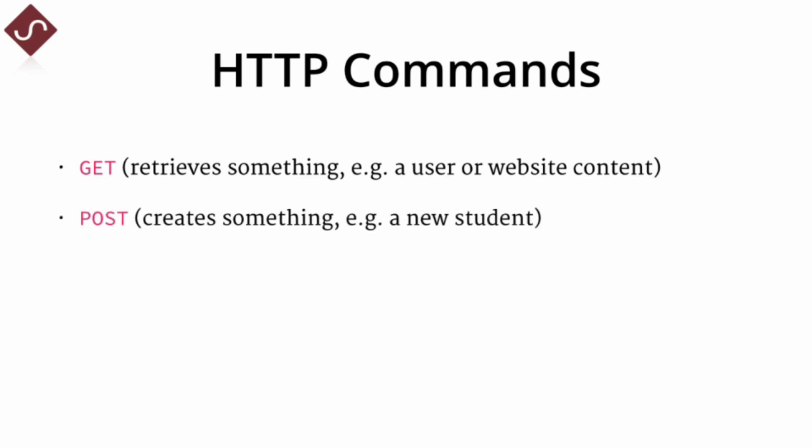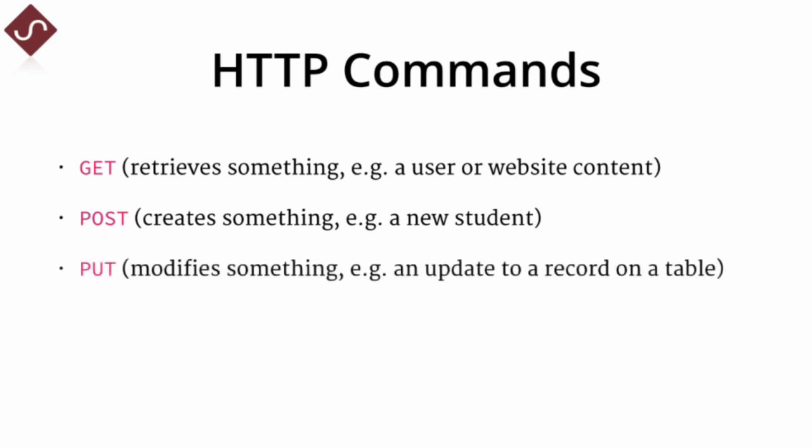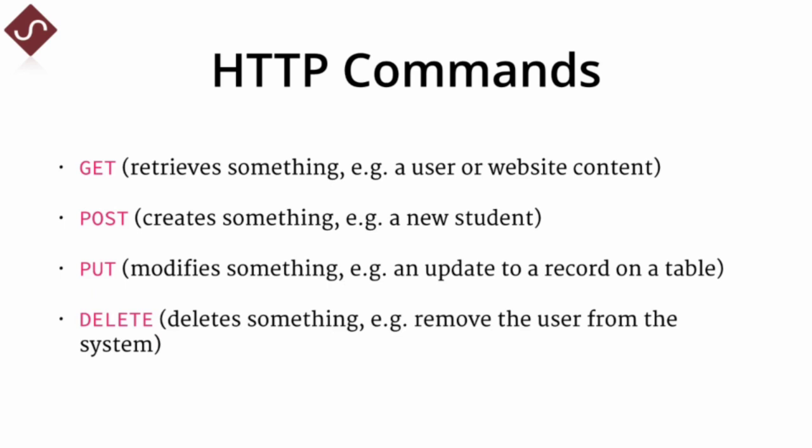We can use post, which we've seen, and that is used to tell the API to create something. But we can also use put, which is used to modify something. For example, to update a record on a table. You could change the user name, for example. And we've also got delete, which evidently deletes something from the database.